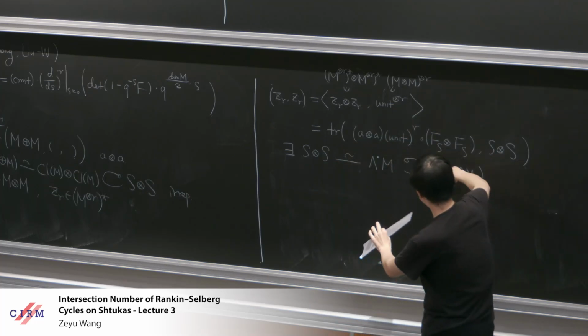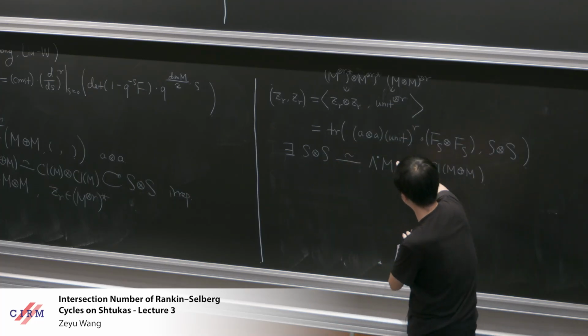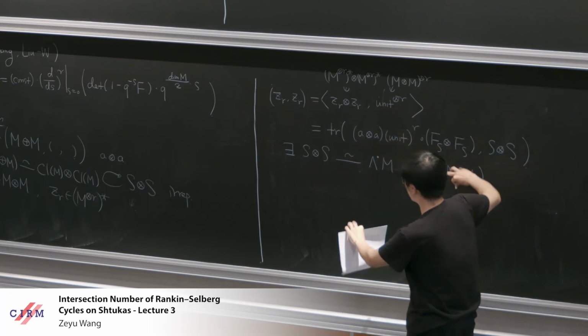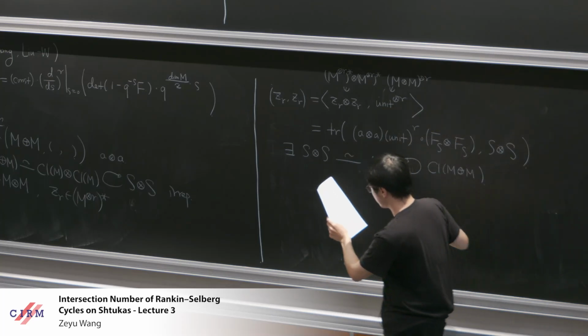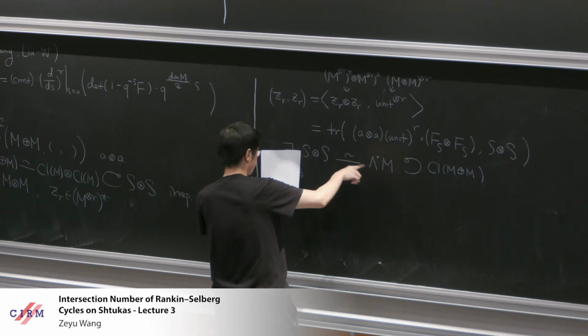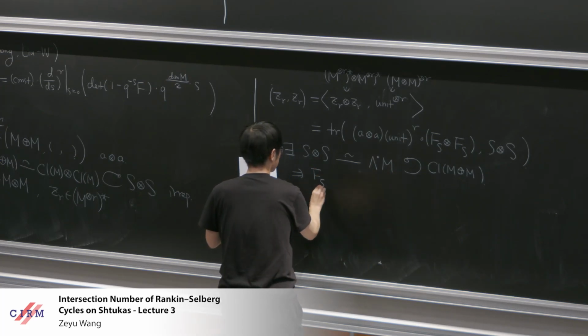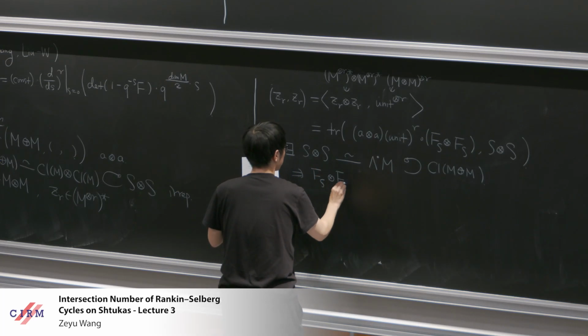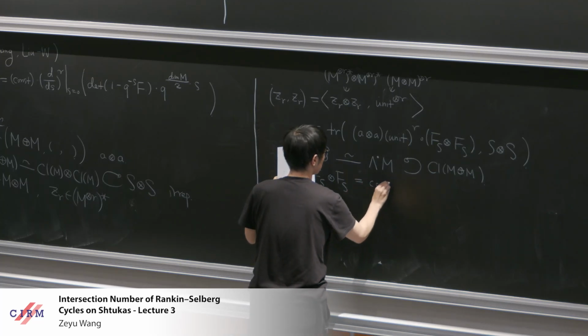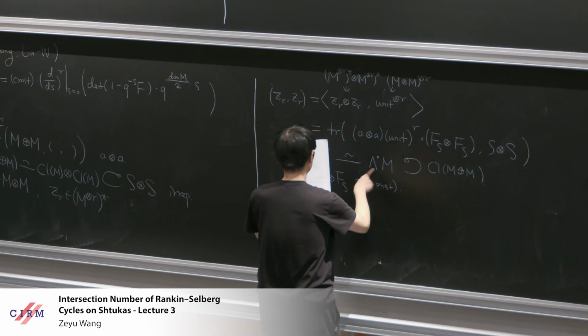But here you have a natural endomorphism that is induced from the endomorphism on M, and here you also have one, and these structures are compatible. That's a really strong requirement, and once you have this, it forces the endomorphism here to be a constant times the endomorphism here.